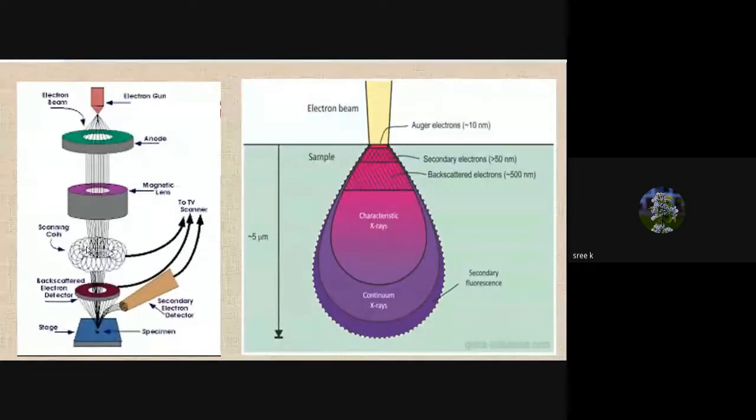That's how the imaging is done by SEM. Either you are using backscatter, it doesn't matter. The primary electrons are shifted in X and Y and scanned on the surface of the sample to get the image.